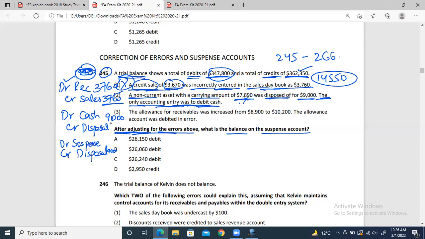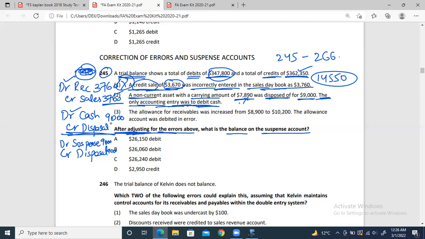There is no point in debiting cash again, because if we debit cash again by 9,000, the difference will increase by 18,000, not just by 9,000. So cash is absolutely correct. The only mistake is on the disposal side. So we'll make the correct entry, credit disposal, and then debit suspense 9,000. This way we have corrected the entry.